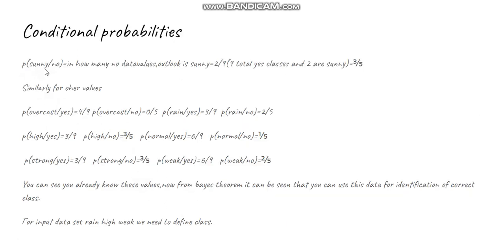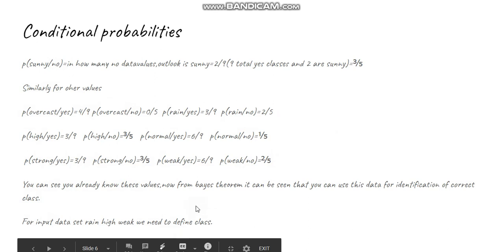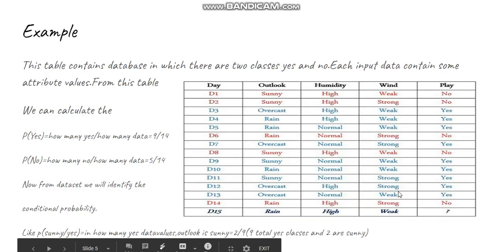Similarly, we can identify the value of P(sunny|no). When the value is no, what will be the probability of sunny occurring? Similarly, we can identify the other probabilities. Why are we calculating these? Because when you want to calculate the correct class for the given data, which is rain, high and big, you can use that particular formula.